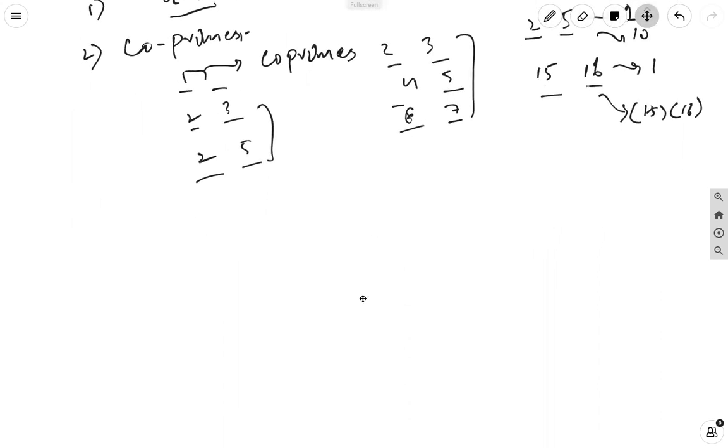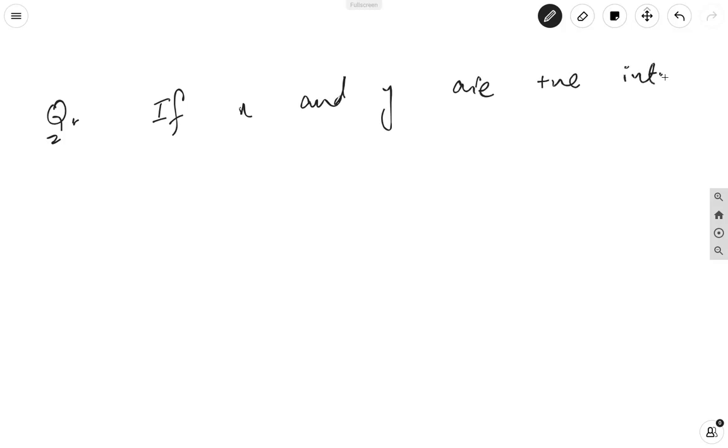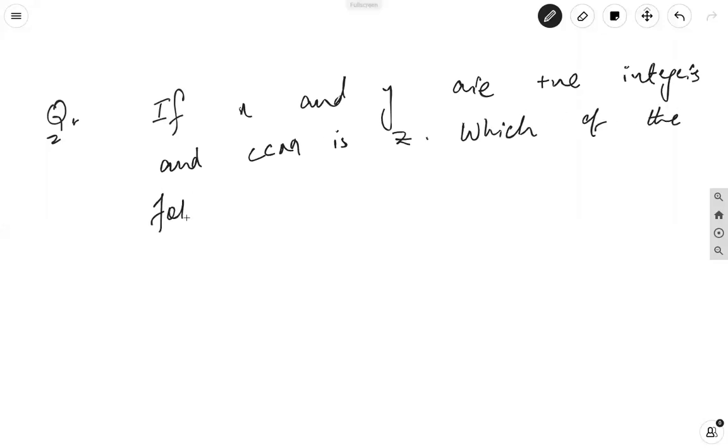Let's have a very simple question regarding this. The question says that if X and Y are positive integers and their LCM is Z, which of the following can never be the value of Z?